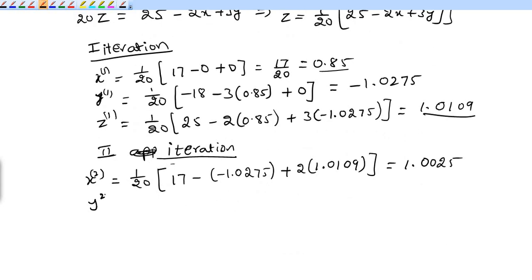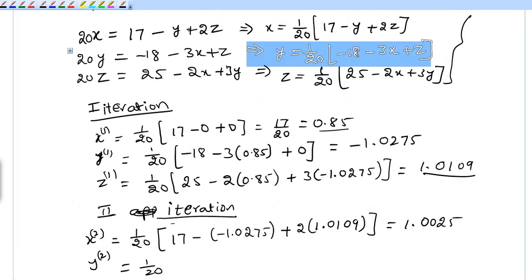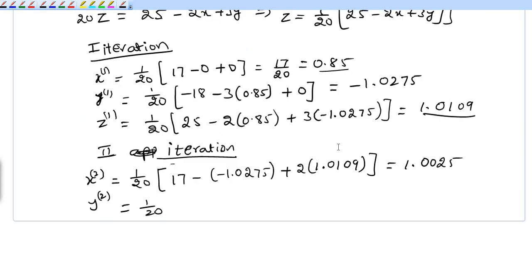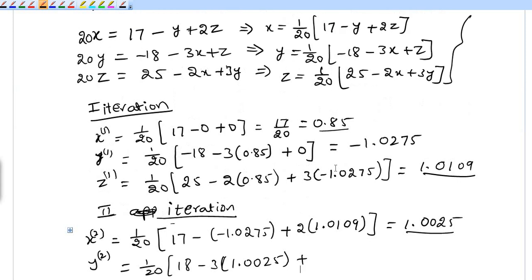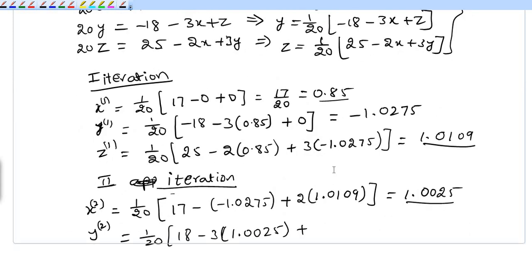Similarly, y2 is 1 by 20. Look at this equation, y2. This equation is 1 by 20 into 18 minus 3x. 18 minus 3 into x. X means this value you have to use 1.0025 plus 2z. 2 into z.